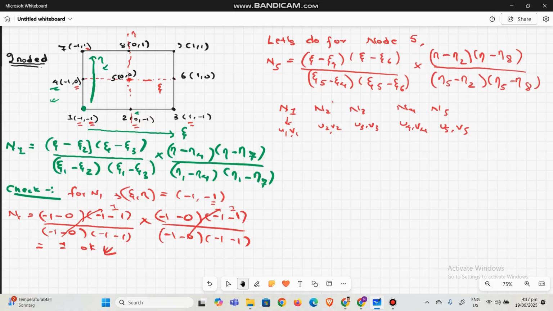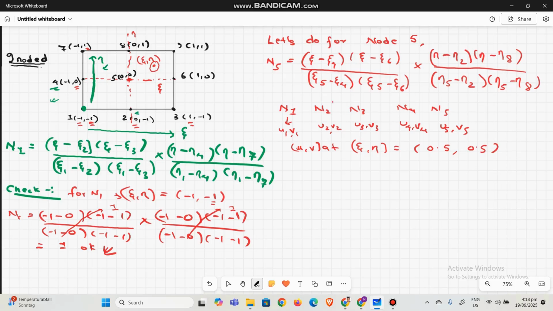Once you find all the shape functions, for example our point of interest is at this point, for which there is some xi, eta. Let's say we need to find the displacement values u and v at xi, eta equal to 0.5, 0.5.